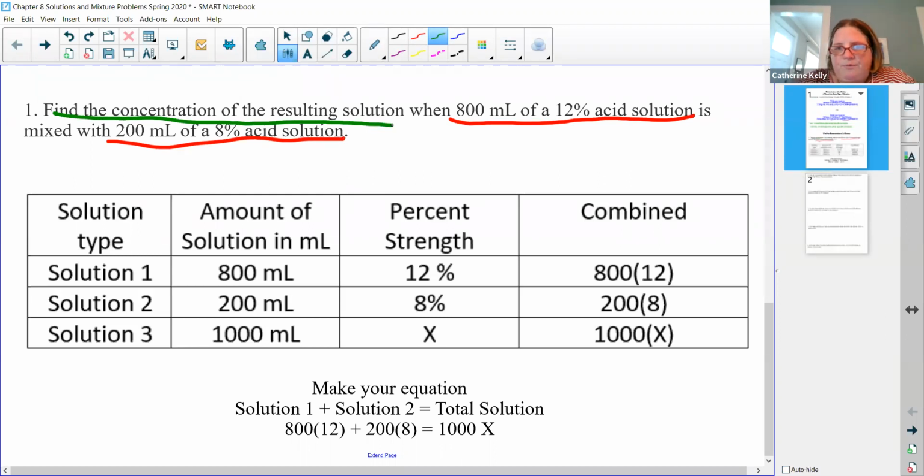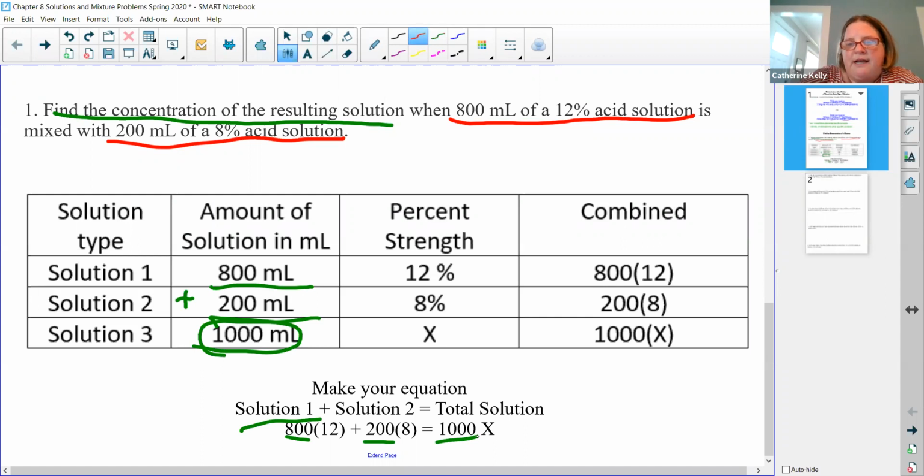So I have 800 milliliters of the first solution and 200 milliliters of the second solution. 800 plus 200 is 1,000, and that's where we get the 1,000 milliliters from.